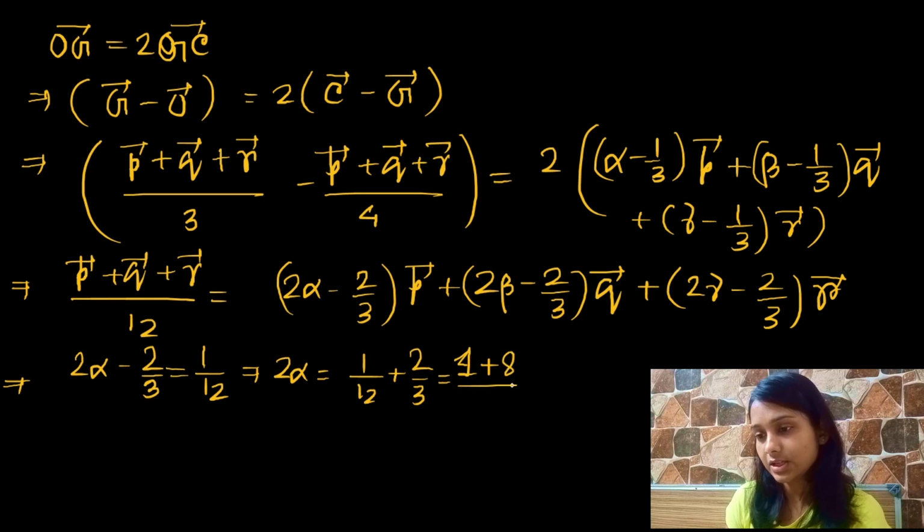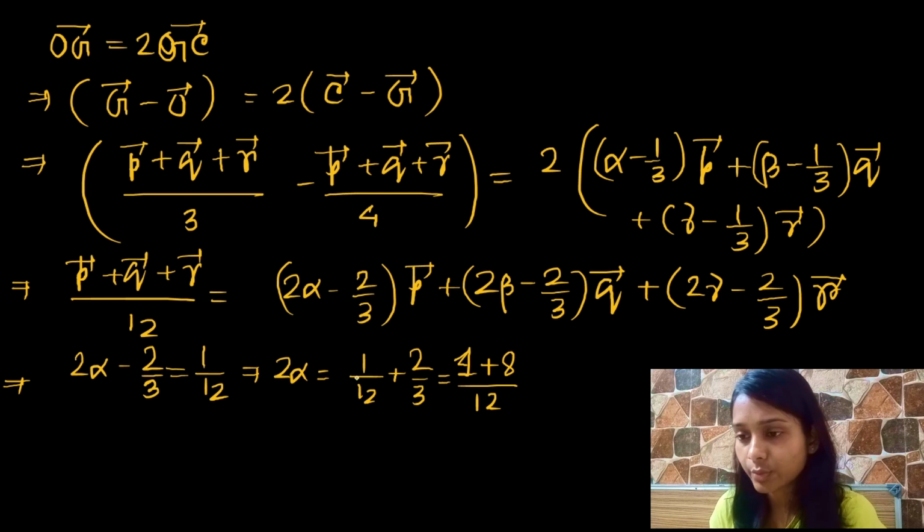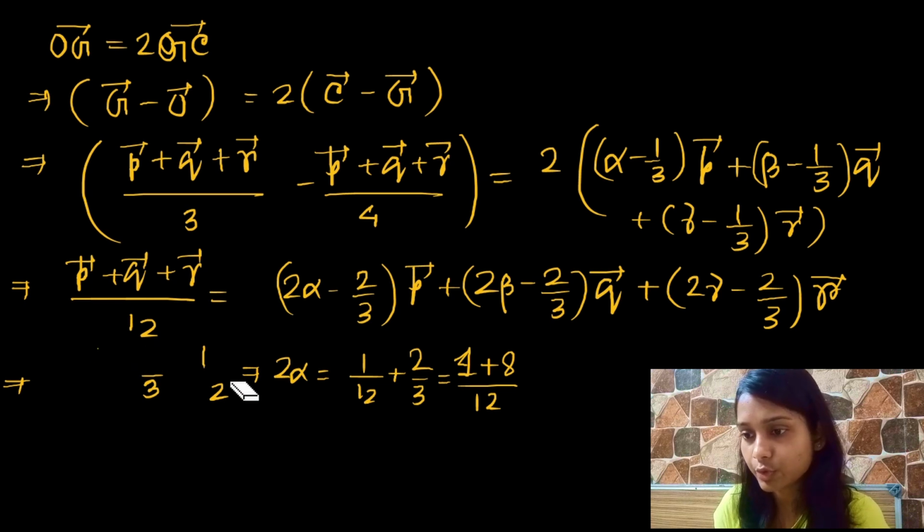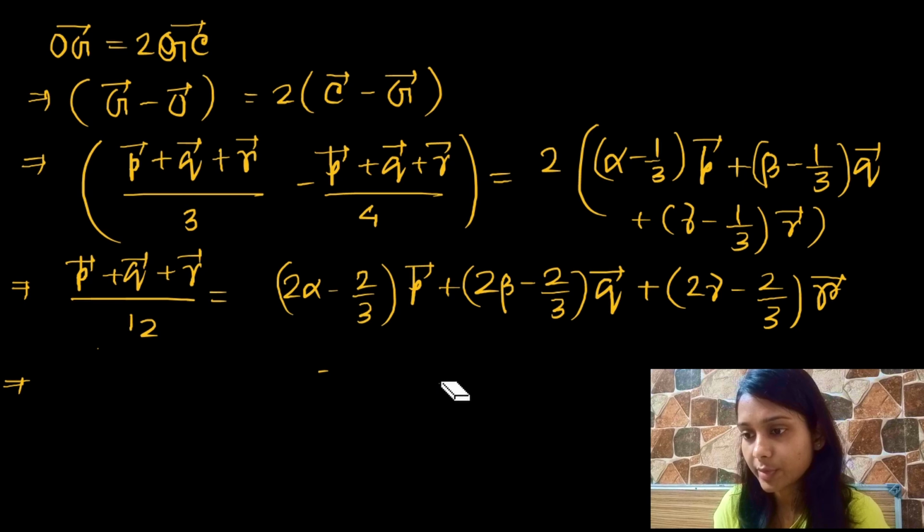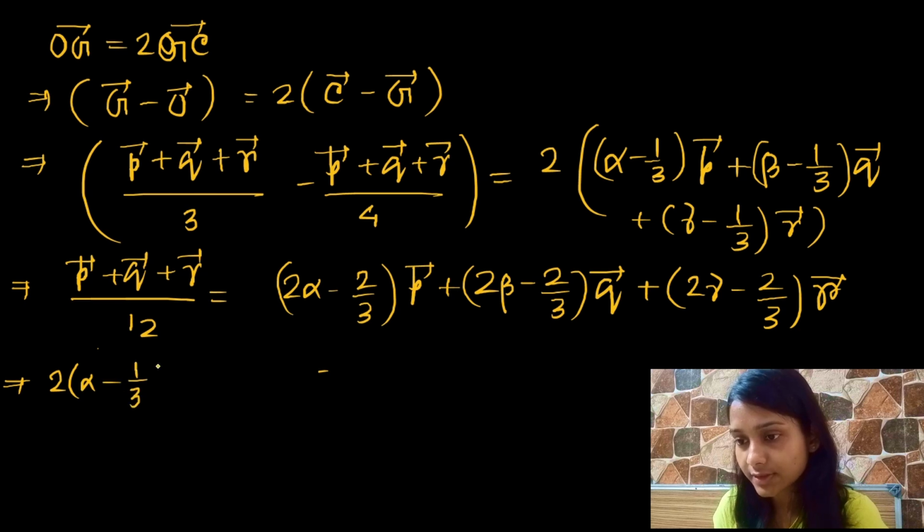Okay, wait, let me put it in this form, it will be much easier to solve. So 2 into alpha minus 1/3 is 1 by 12.